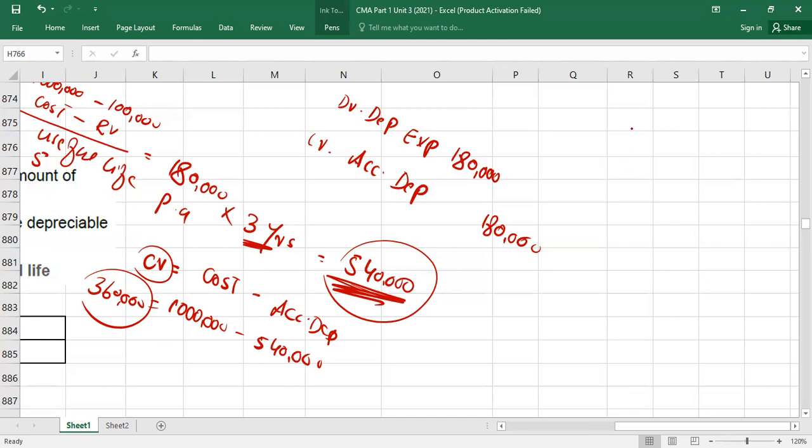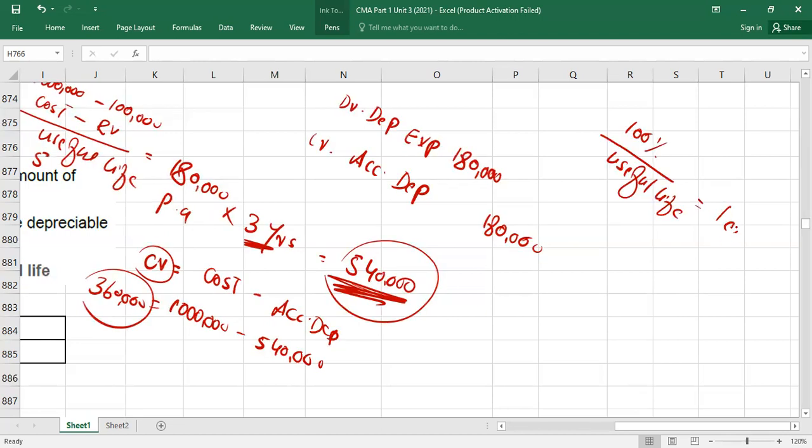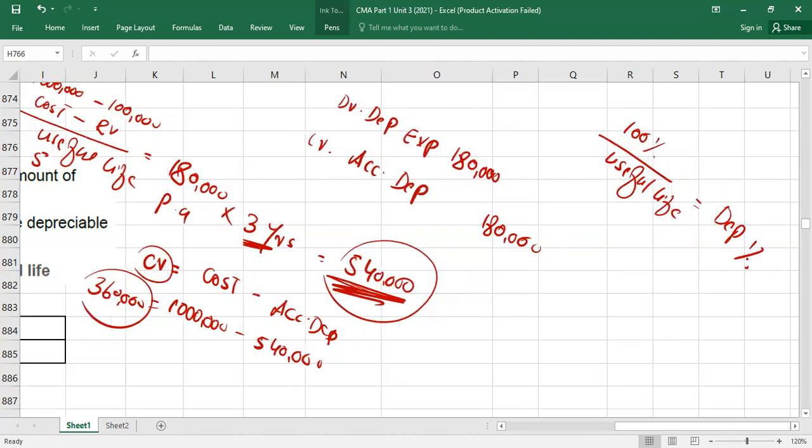Simply, you take 100% divided by the useful life of the asset. This will give you the depreciation percentage. For example, in this question, if useful life is 5 years, then 100 divided by 5 is 20%. If useful life is 10 years, then depreciation percentage will be 10%. Right or wrong?